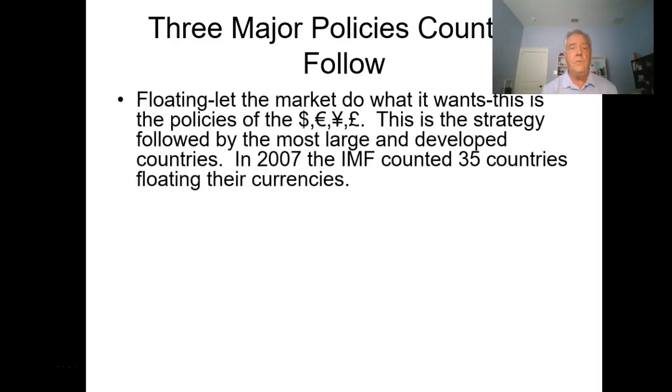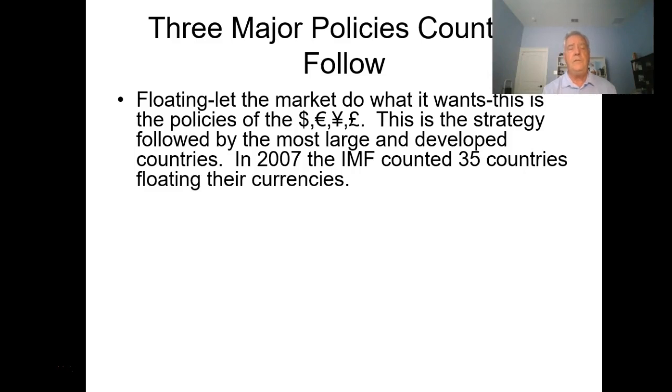So there are three and a half types of currencies that are traded in the marketplace. The one method of trading currencies is the floating rate. Floating rate means that the country's exchange rate is not interfered with by the country itself. Countries that trade this way are the US dollar, the European euro, the British pound sterling, the Japanese yen.